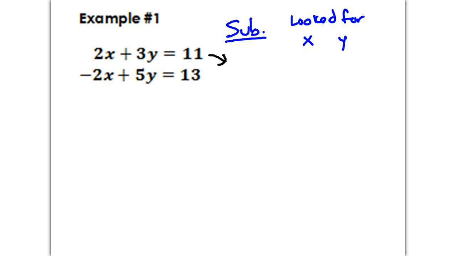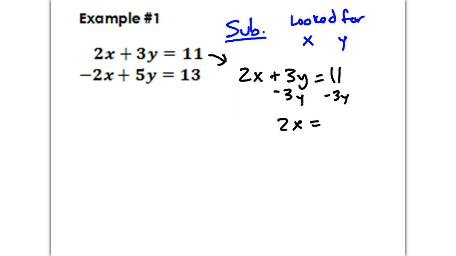So if you did this one, and again, you don't have to write this down, just reviewing here, you'd either solve for x or solve for y. So if I wrote this first equation out here, we could maybe solve for x, just picking one. We get rid of the 3y, and we would get 2x equals -3y plus 11.